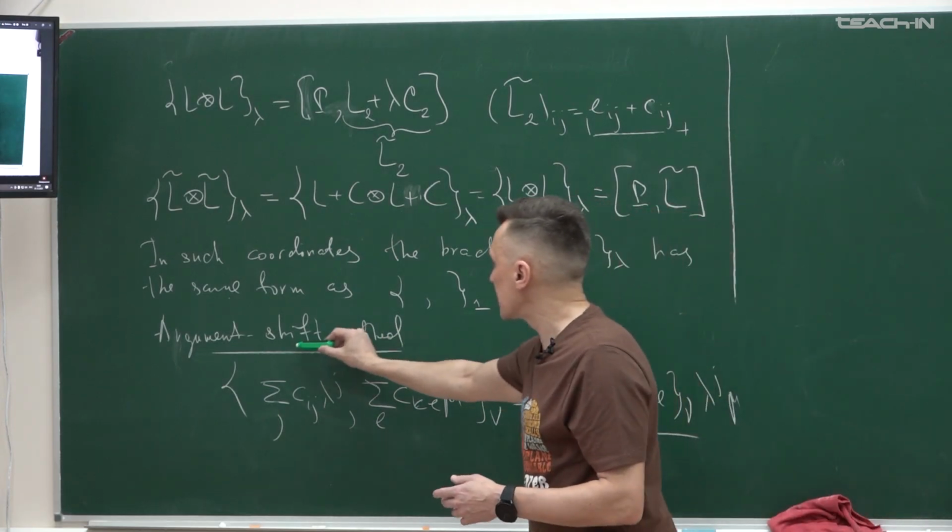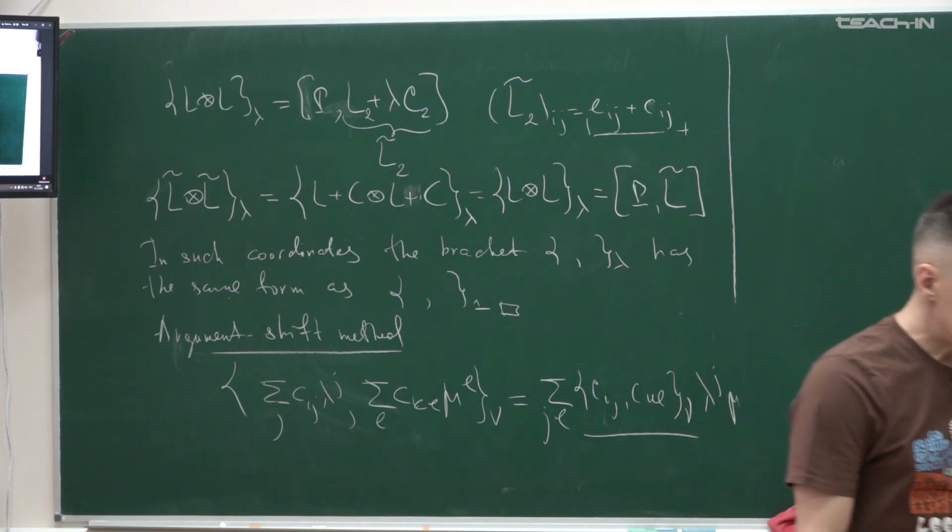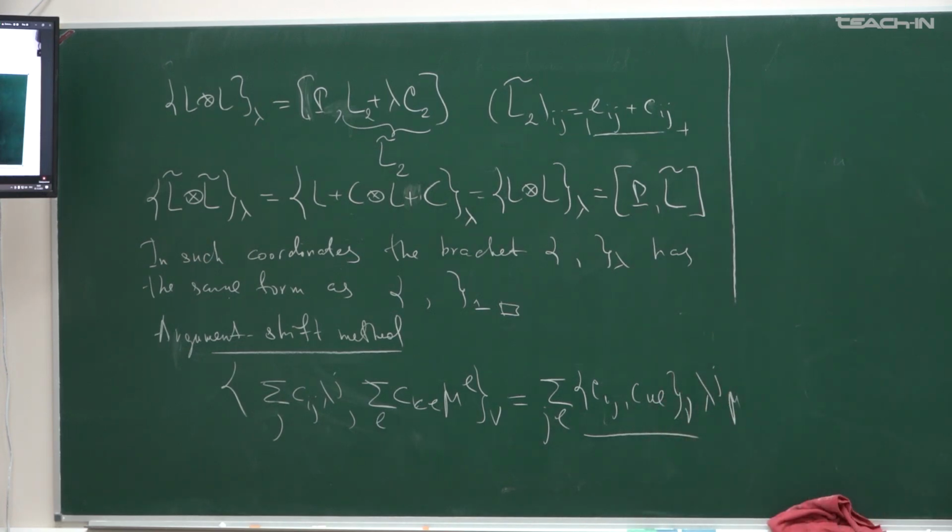Let us talk a little bit about the argument shift method. Historically, it arose in the context of generalization of the Euler top. Do you remember what the Euler top is?